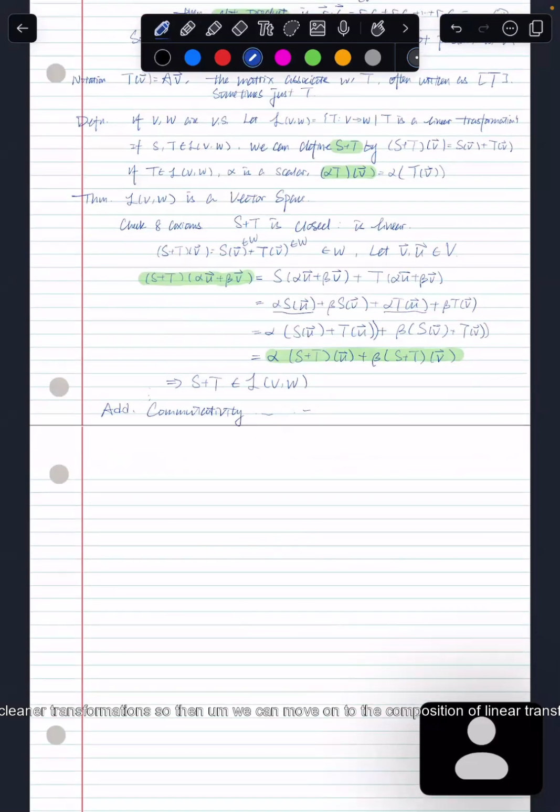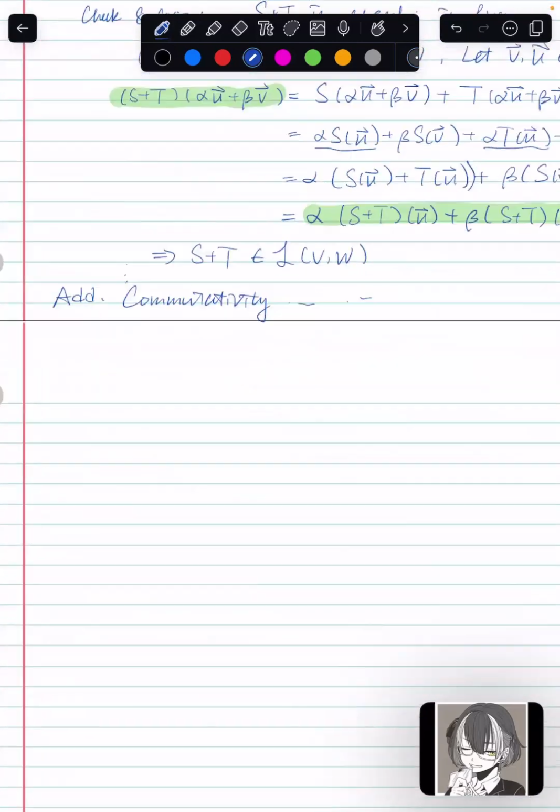So then we can move on to the composition of linear transformations.